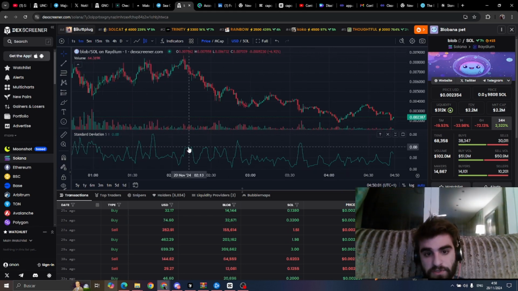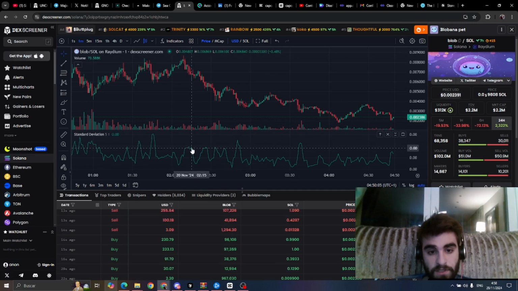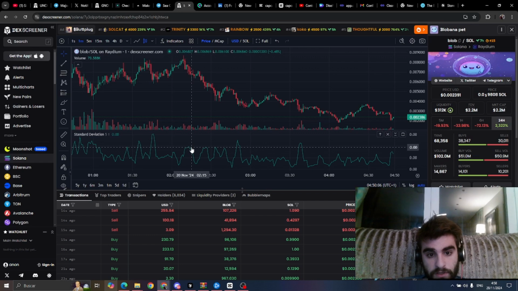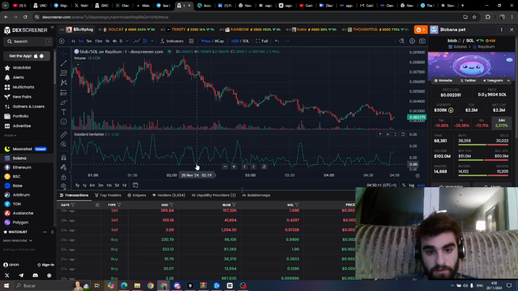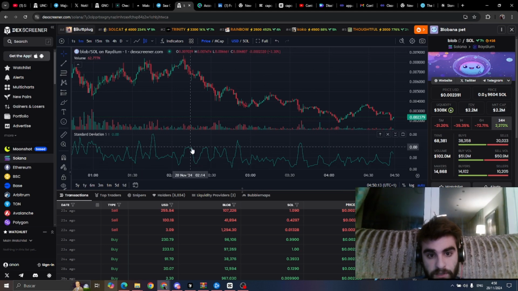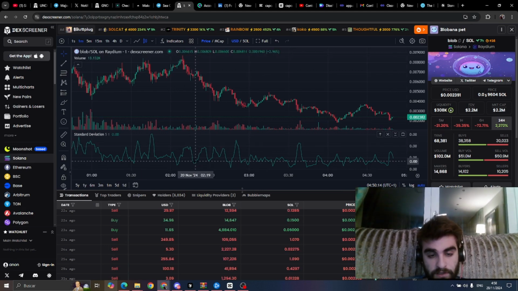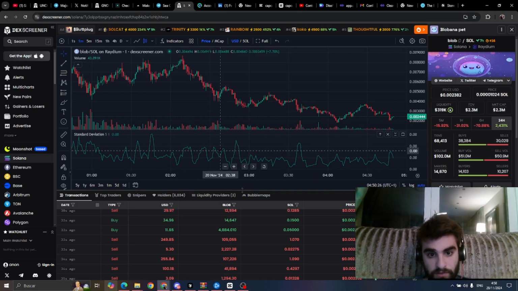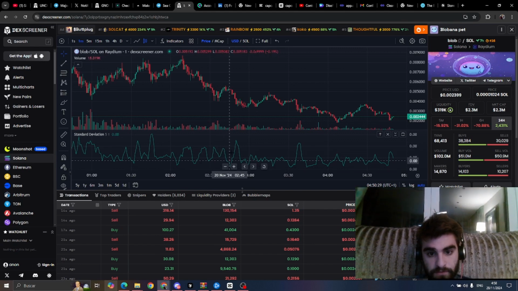This one, the tops are very marked because no one else is buying. Do you see? Here we are at the sell cycle, and this is a buy cycle. So you should buy here and sell here. Buy here, sell here.